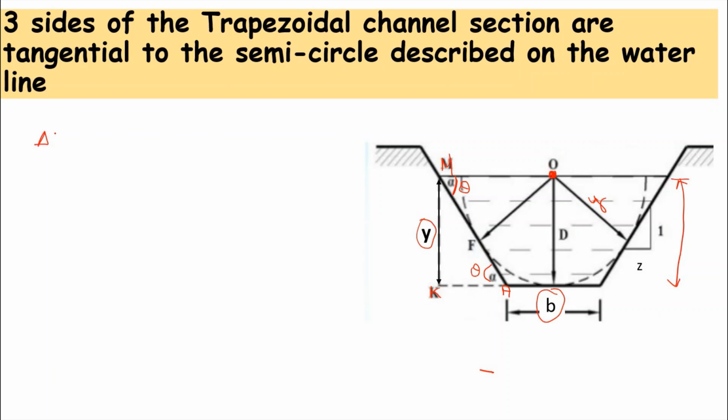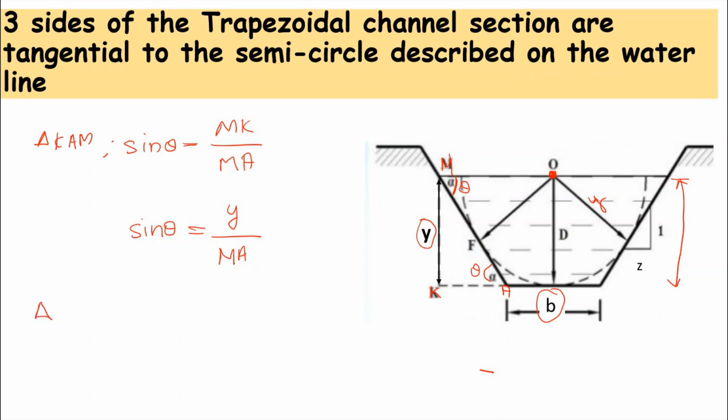In this triangle, when I take sine theta, it will be MK divided by MA, where MK is the depth of the channel and MA is the sloping side. So sine theta is equal to y by MA.